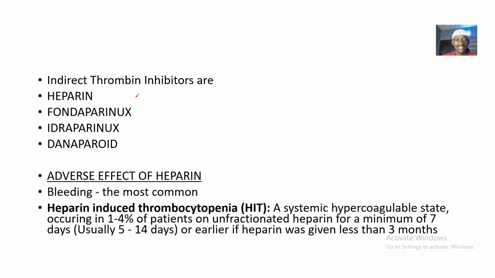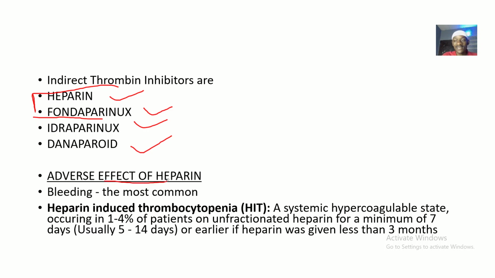And we'll be looking at the indirect thrombin inhibitors. For example, we have heparin, fondaparinux, idraparinux, and danaparoid. We'll be looking at the first two because they are the most common ones used in the hospital, and we'll be looking at their adverse effects.